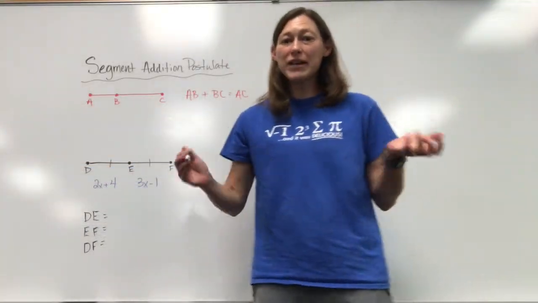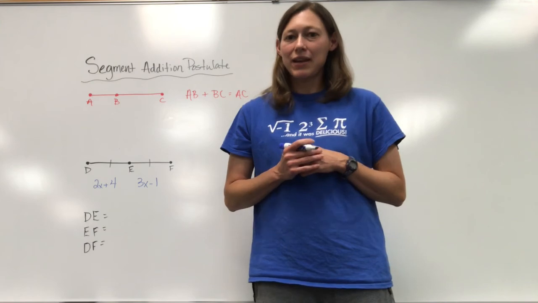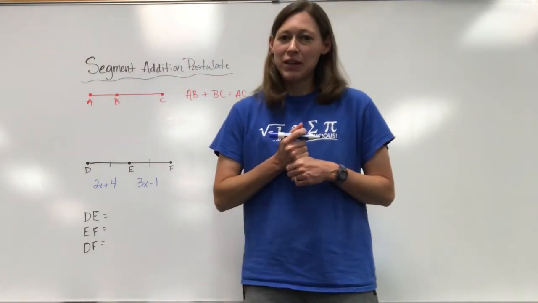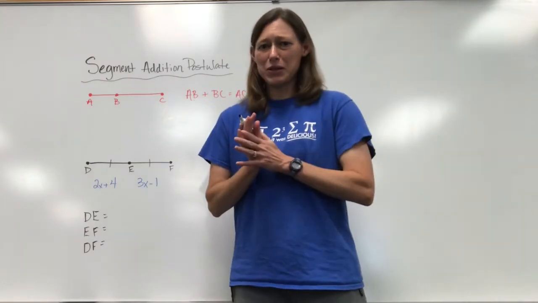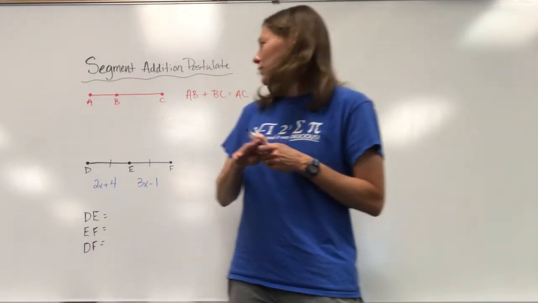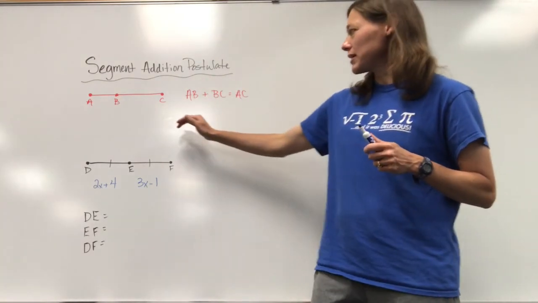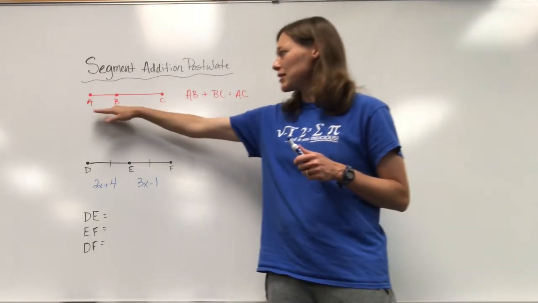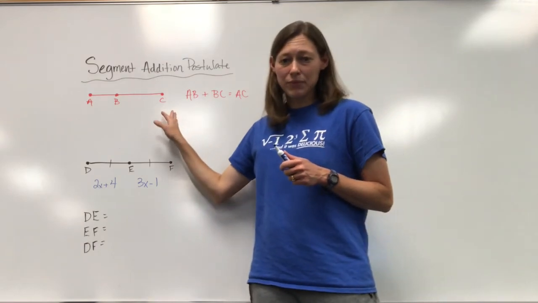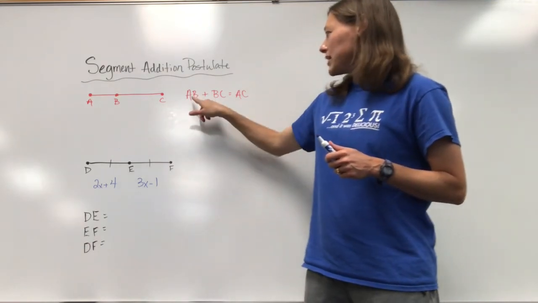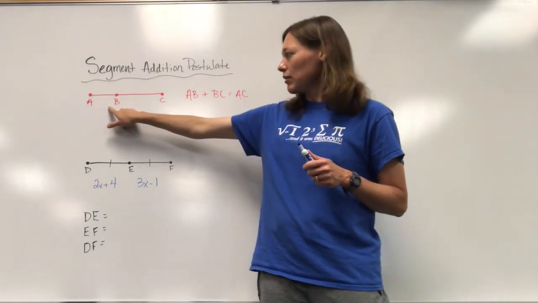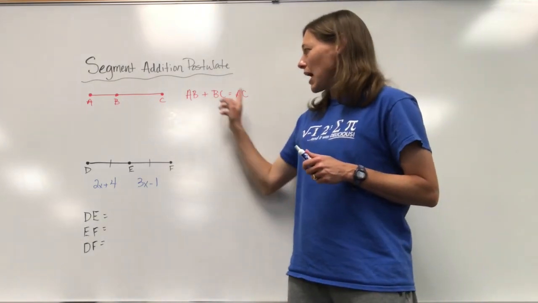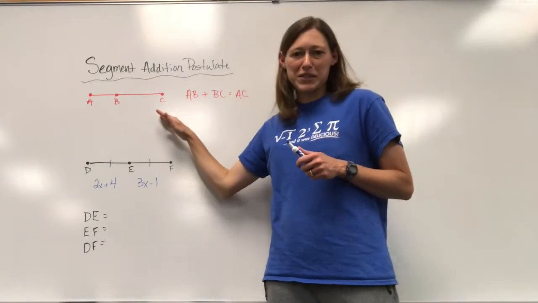Hi, so we're going to talk a little bit more about segments, and specifically something called the segment addition postulate. Okay, and that sounds complicated, but it's really not at all. The segment addition postulate says that if you have this segment, and this whole segment is segment AC, then the length of AB plus the length of BC is going to add up to the length of AC.